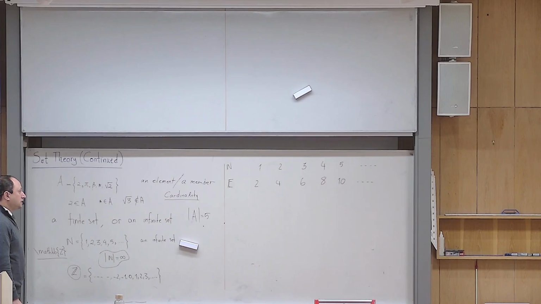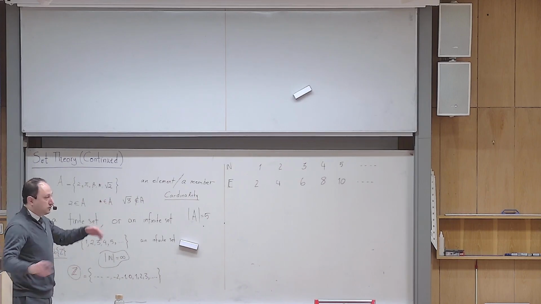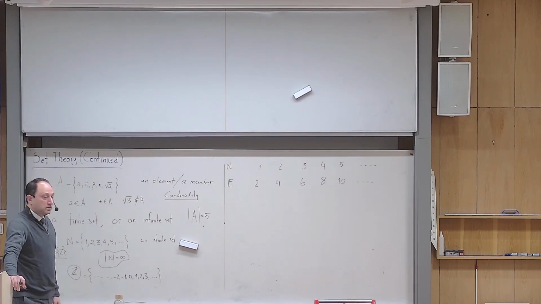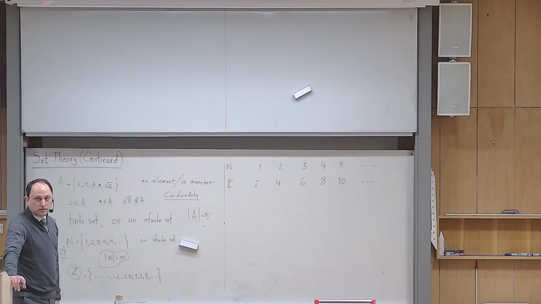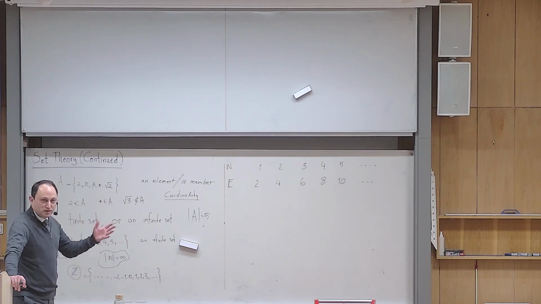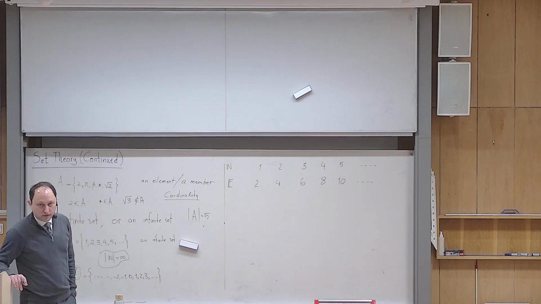Okay, which one of these sets do you think contains more elements? Once we have the set of all natural numbers, and then we have another set which is just the even natural numbers. Yeah, the natural numbers? Yeah, it seems that the natural numbers intuitively should contain more elements.